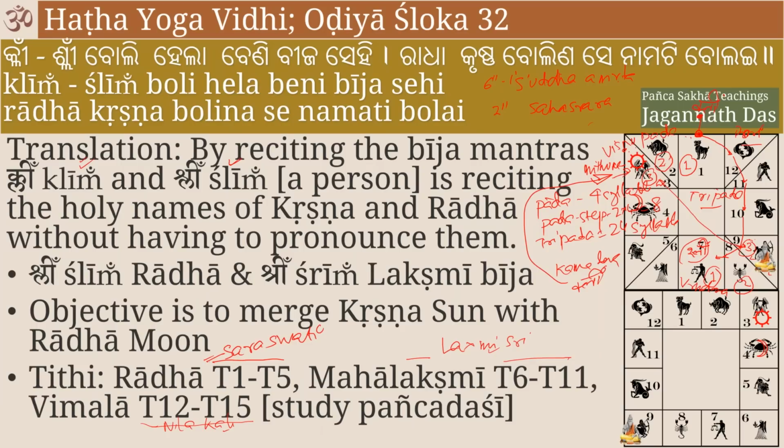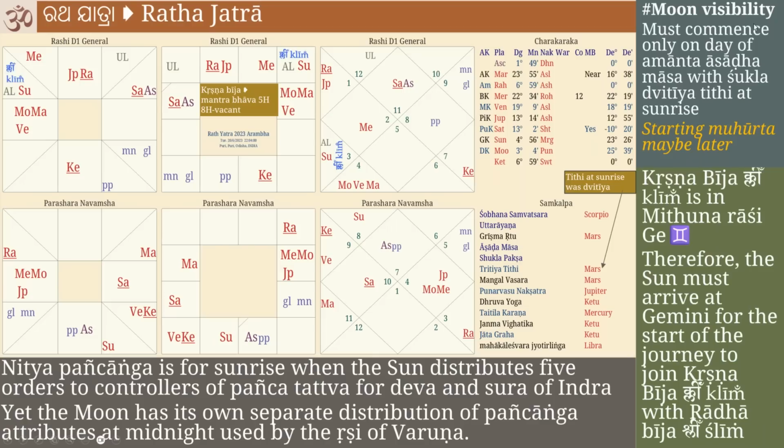This is called the Rath Yatra axis. So when we understand Rath Yatra, it's very interesting when we learn about the cart festival Rath Yatra that has been going on for God knows how many centuries, not years, centuries.